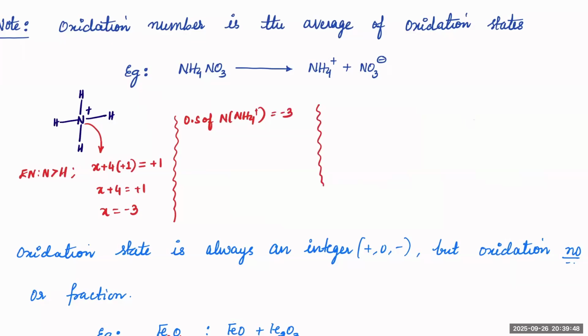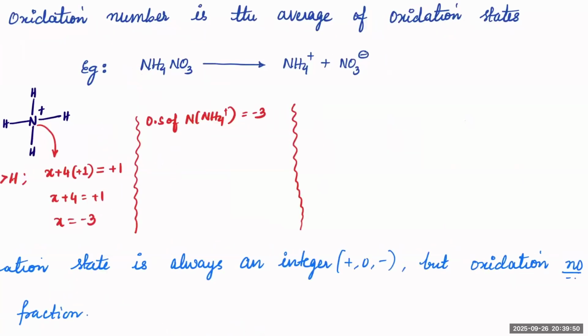On the other hand, if you notice NO3- structurally, it is like this: N double bond O-, and here it has a dative bond to O. As per chemical bonding, if the Lewis structure is written for it, this is how you can write it down.